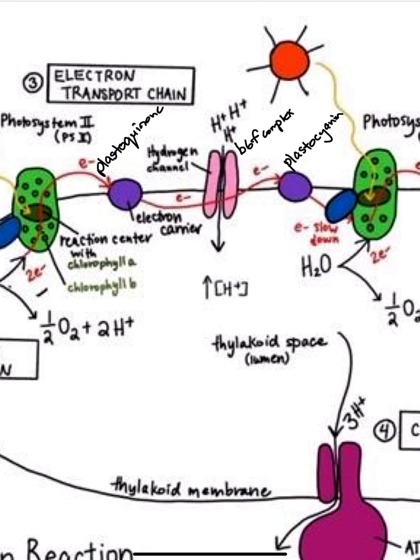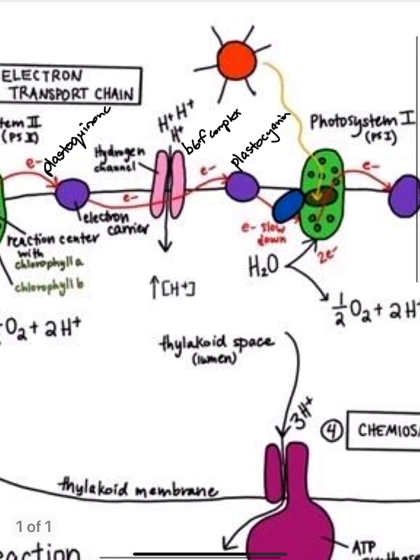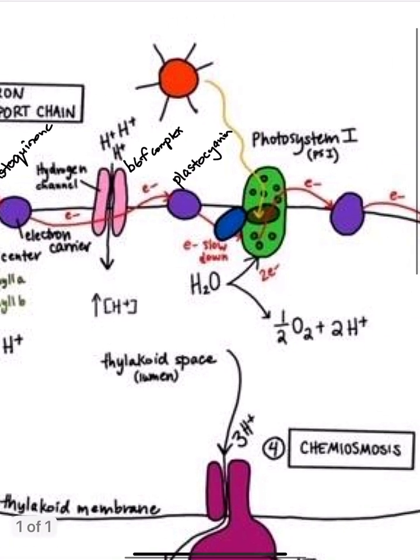So from there, these electrons will next go to the second photosystem. They will reach photosystem 1. By this time, the electrons are slowing down, they are losing energy, and it's a good idea to re-energize them here, and that's why we see another photo event here as we see more light entering here and exciting these electrons.